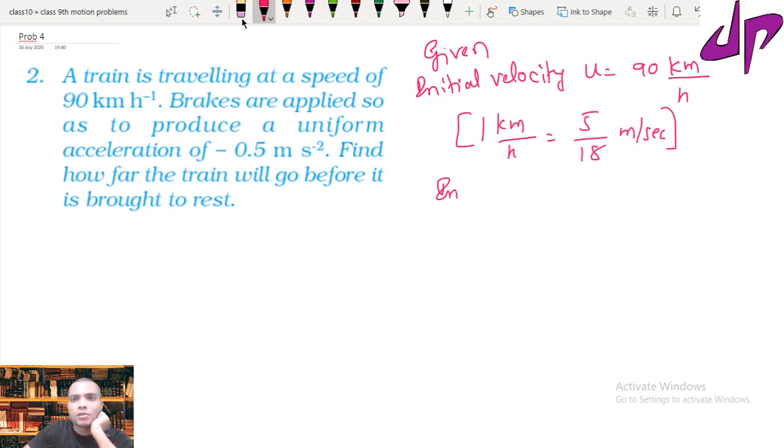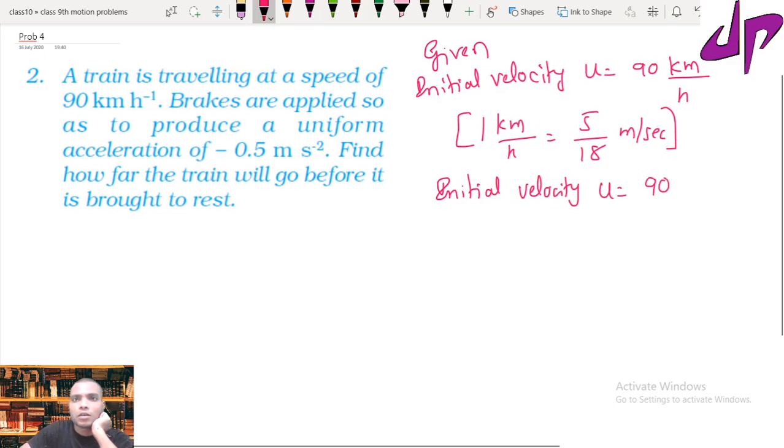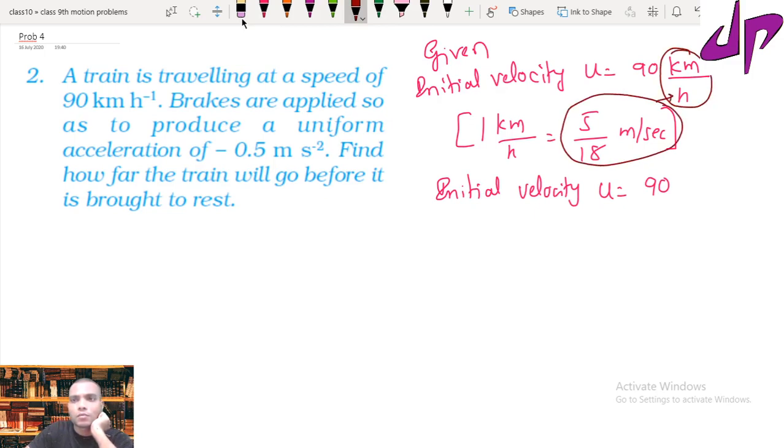So initial velocity u equals 90, and in the place of kilometer per hour I can substitute this value, times 5 by 18 meter per second.